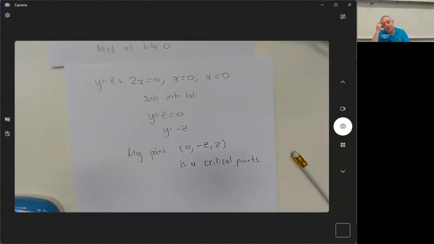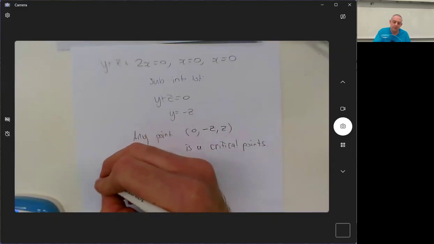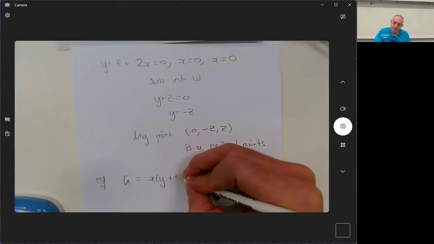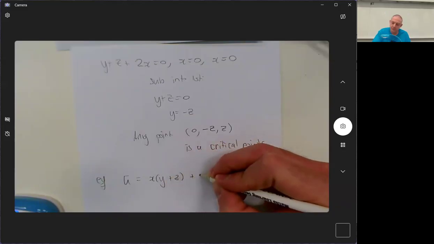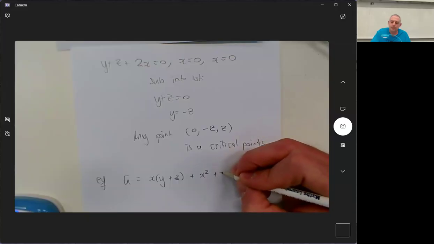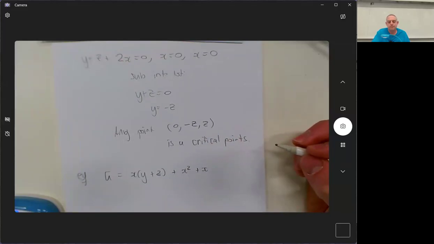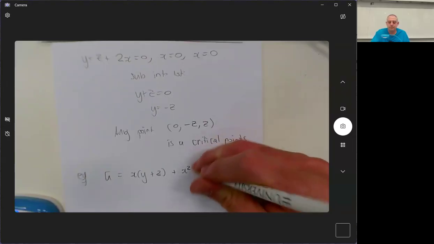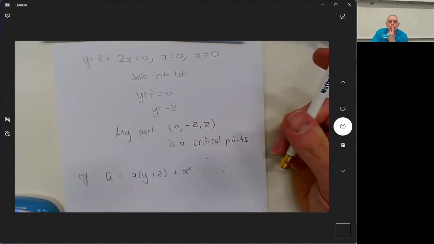How would I change this so it came out to something? Bear with me.